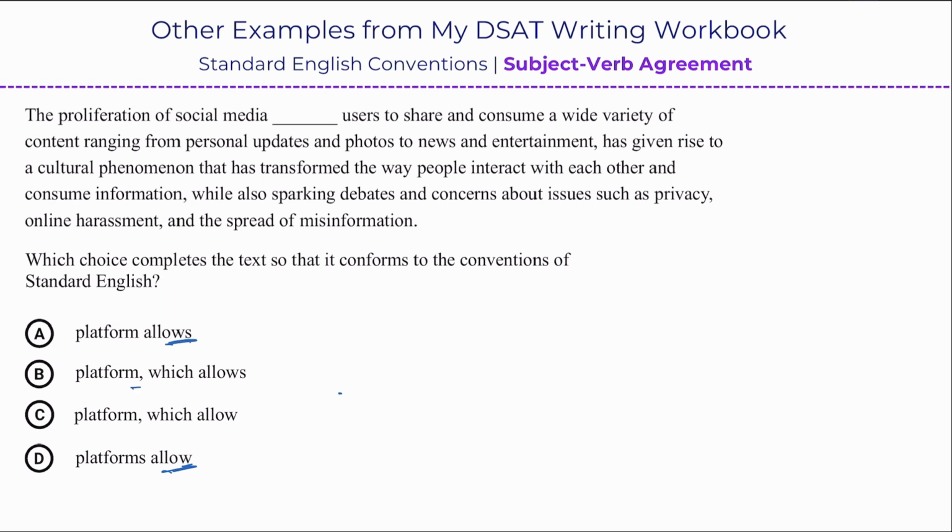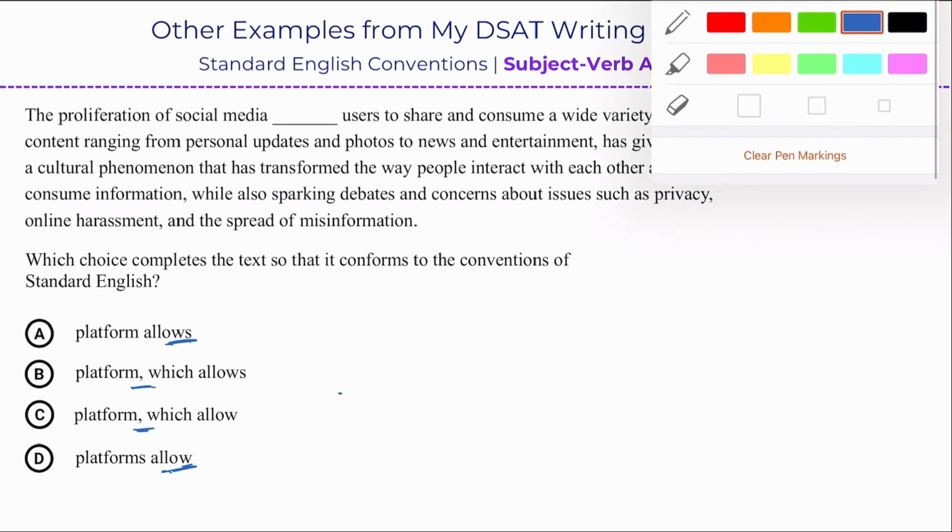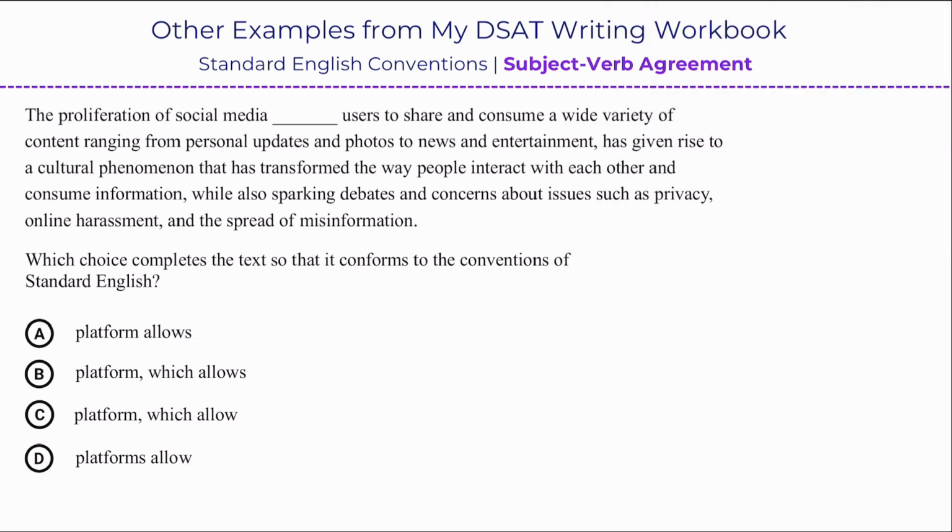You don't want to spend too much time staring at the answer choices when you're taking the test, trying to figure out what other concepts they're testing you on. It just really helps if you can identify one and start with that one. So as soon as I notice the difference between a singular and a plural verb, I know that subject-verb agreement is one of the concepts they're testing me on.